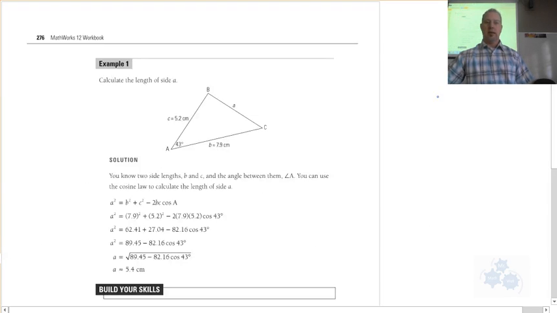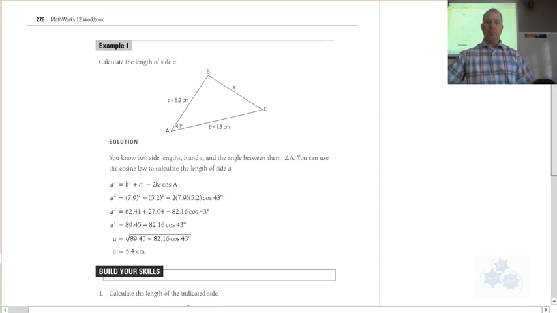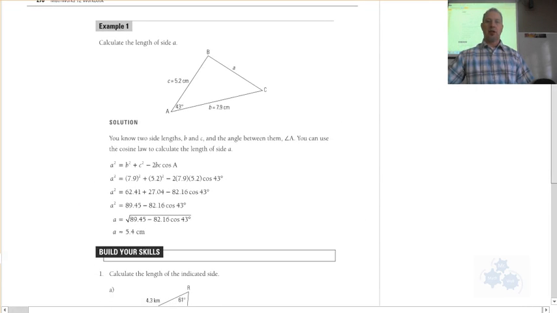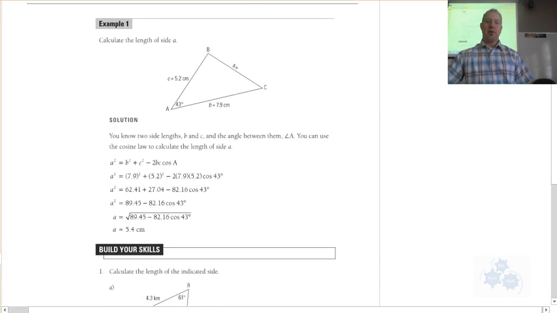So let's see here. Okay, they do an example just like we did. Now remember that this side that you're trying to find here, if you've got a side and you've got an angle and you've got a side, S-A-S, side angle side like this, you can always find the third side using the cosine law.